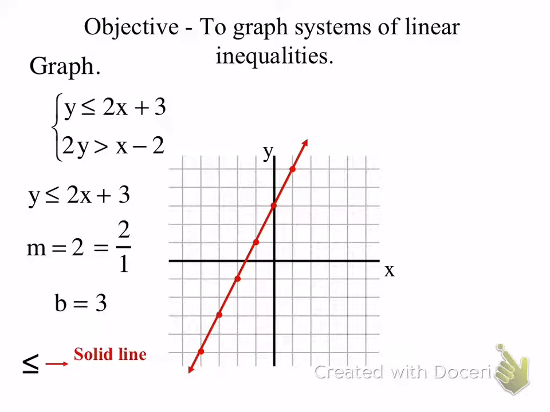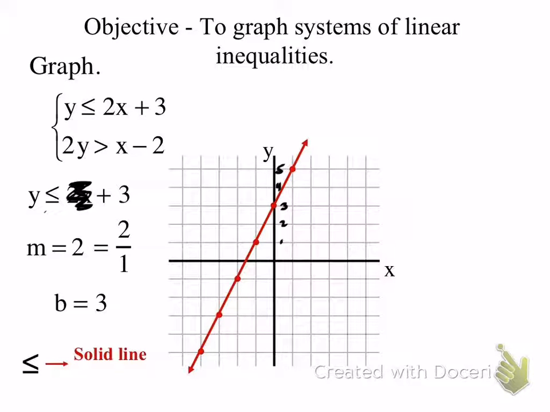Now, in terms of the shading, what I do is I kind of get rid of this and really use my y-intercept. So when they say y is less than or equal to 3, I look at my y-axis, and this is a number line, Platy. Here's 1, here's 2, here's 3, here's 4, here's 5.